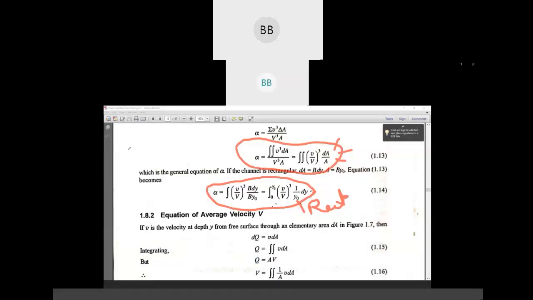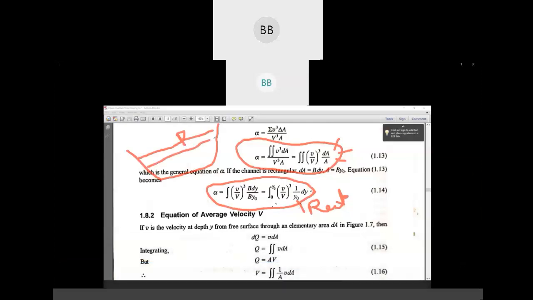If you consider a trapezoidal section, then we consider a small elementary area and take its area as that of a trapezoidal channel.